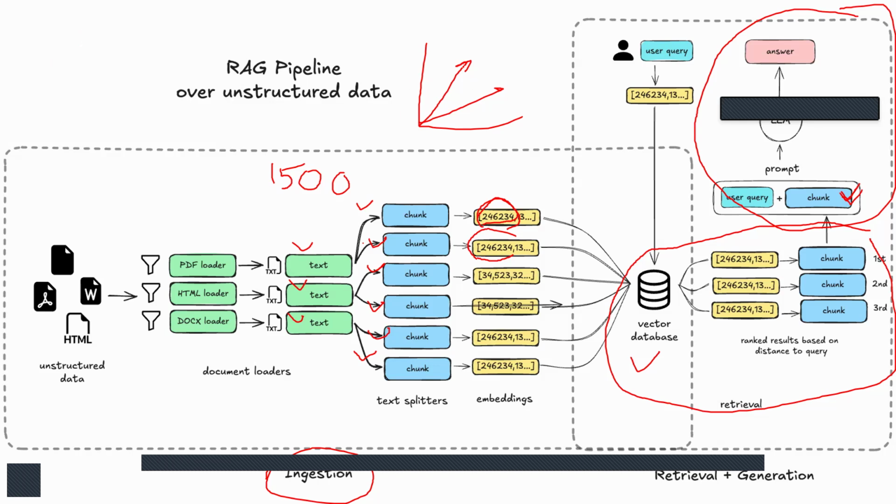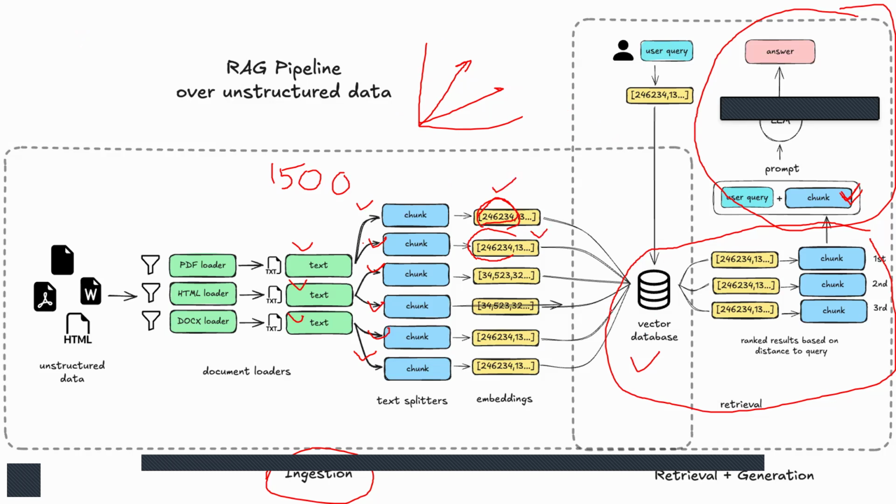For example, for this line, I have two values, X comma Y. For three dimensions, I will have X comma Y comma Z, which can be 1 comma 2 comma 3. But if the number of dimensions is 1500, it will be like 2 comma 3 comma 4.2 comma 3.2 comma, right? Those different 1500 values. So like that, the vectors or embeddings are created.